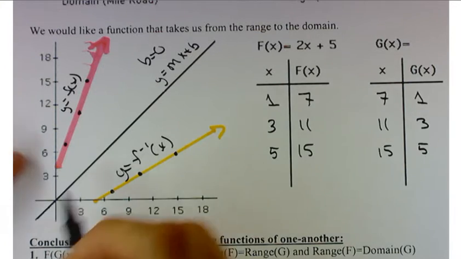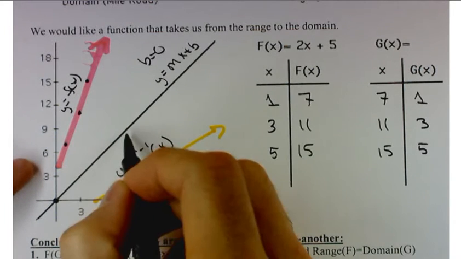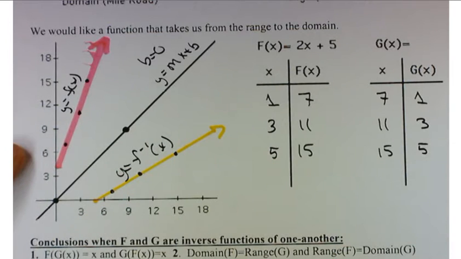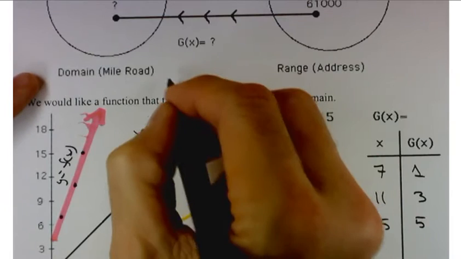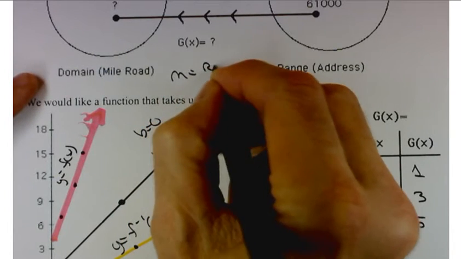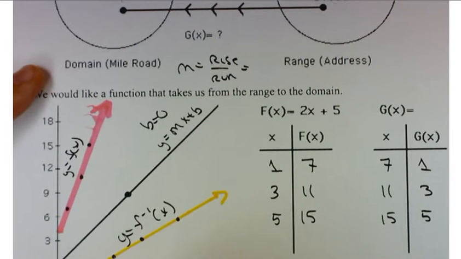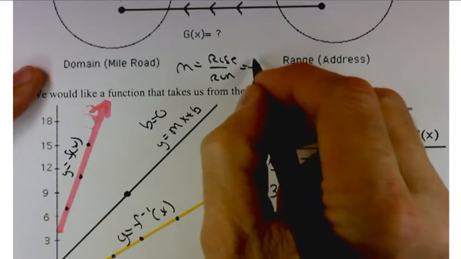So let me pick 0, 0 as a starting point, and maybe another point up here at 9, 9. So if I wanted to calculate the slope as being the rise over the run, going from this point to this point, how much of a rise did I experience? 9.